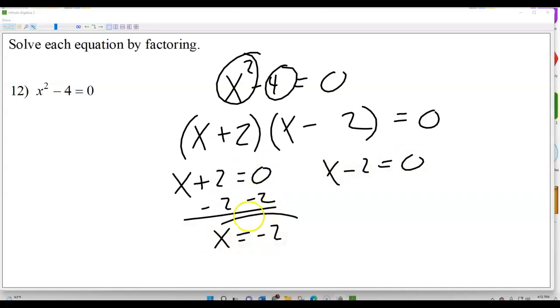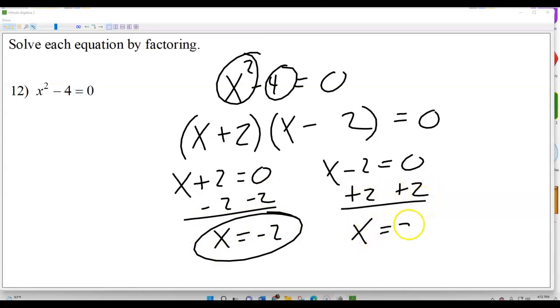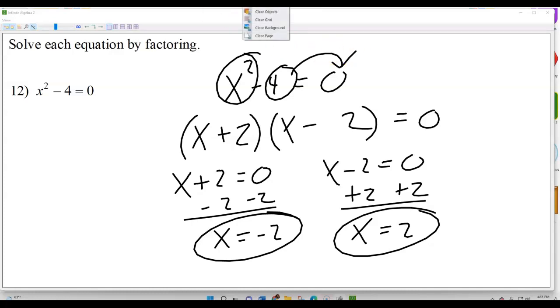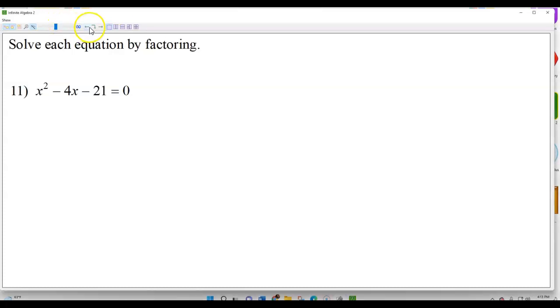Now, you also could have used the method that we learned in the last example. You could have just gotten the x by itself by adding 4 and then taking a square root. Just don't forget your plus and minus. That works also on this one. But just so you guys know, factoring is not always differences of squares. You could have one like this. This would be a box method problem.